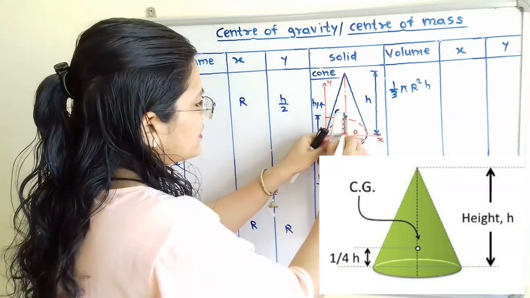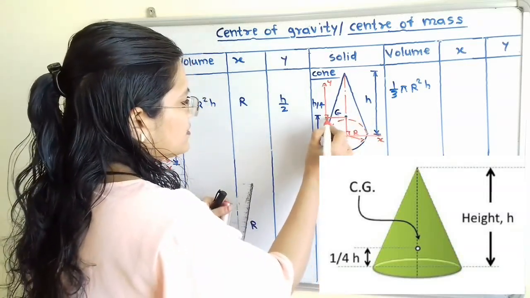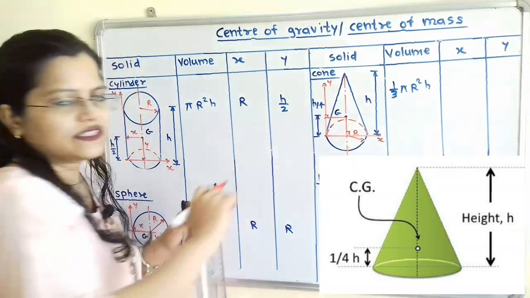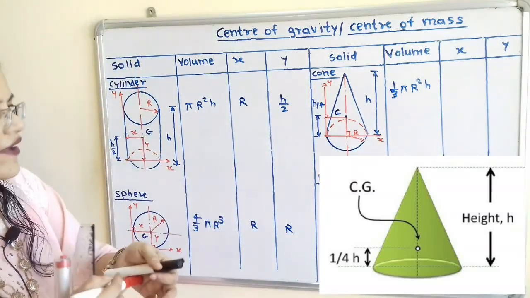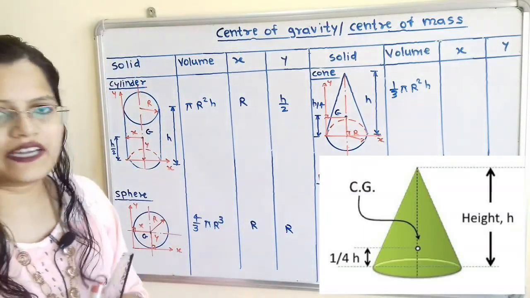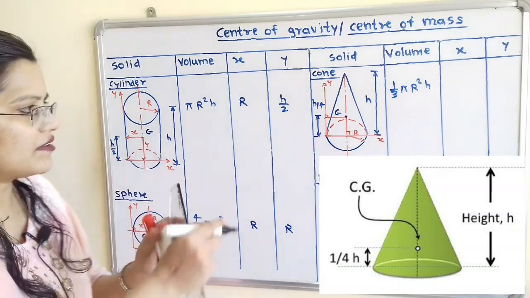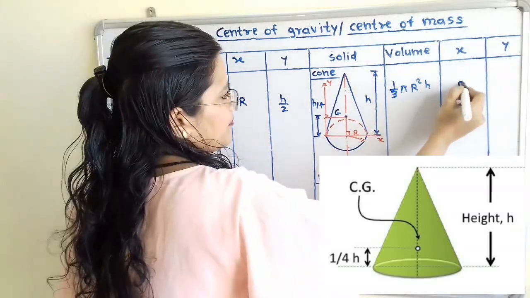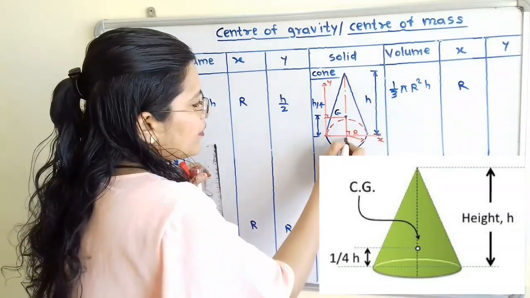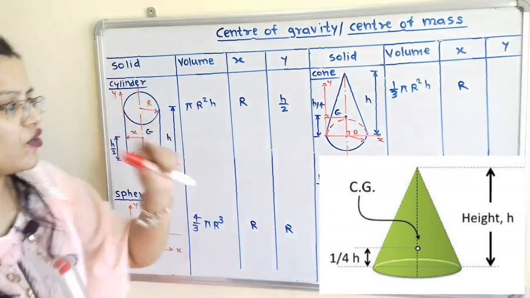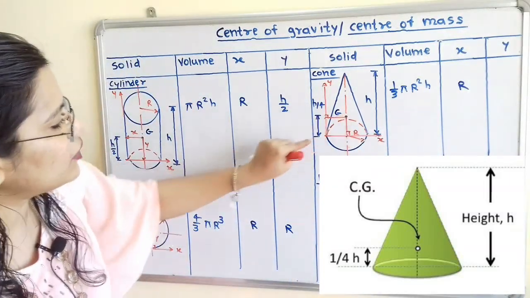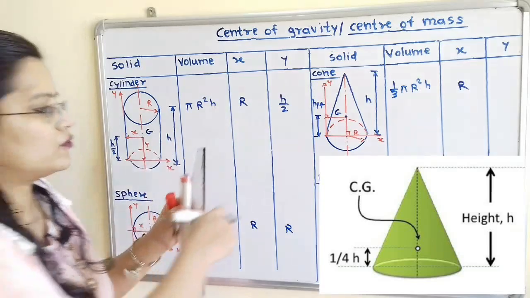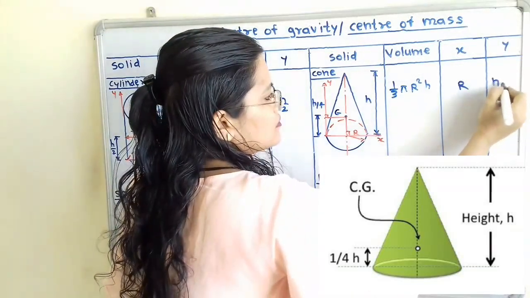One is on x-axis and second is on y-axis. So this horizontal distance, that is known as x, and value is equal to radius of this base circle, that is capital R. And the vertical distance is value of y. So this value is equal to h by 4.